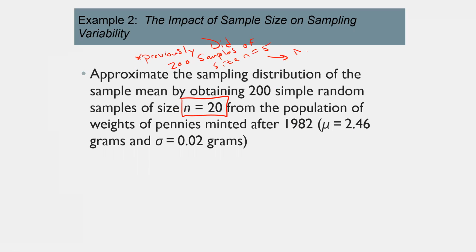Now we're repeating the experiment but with a sample size of 20. So now my sample means are not from samples of size 5, but from samples of size 20.